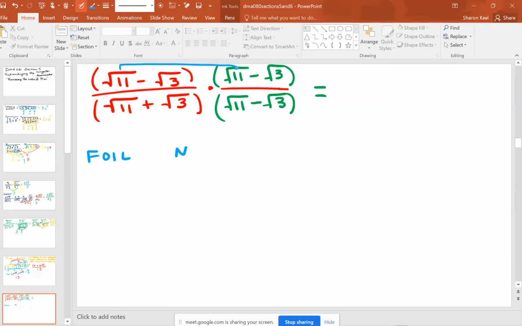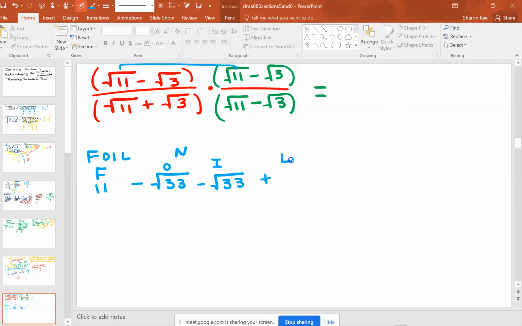Then here I have a positive and a negative, so that's a minus. The 3 times 11 is 33. Here in the middle, for the inside, I have another minus square root 33. And then my last term, negative times negative is positive. I have a pair of 3's, so that means a 3 comes out.